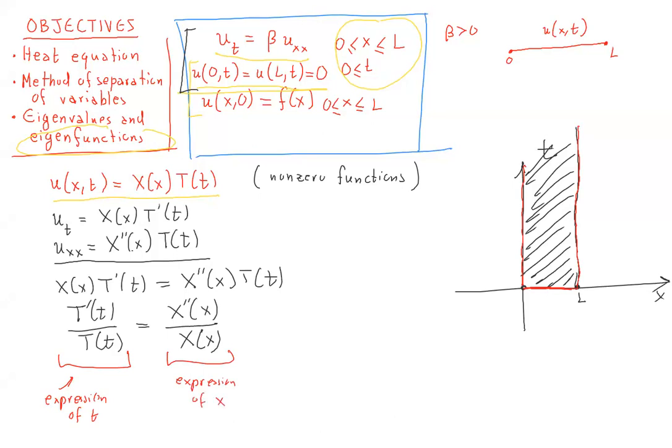The only way that these two expressions, one depending only on x, the other depending only on t, can be equal to each other is if they're constant, if there is really no dependence.